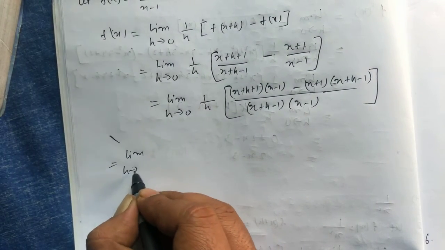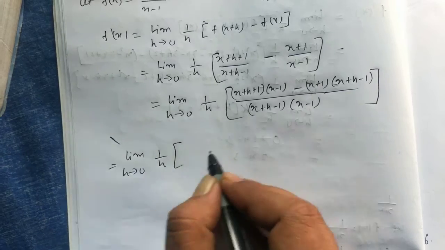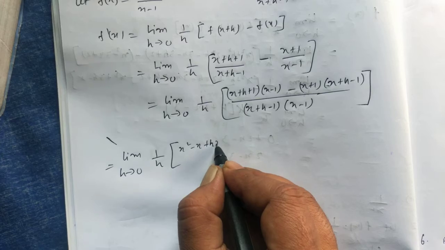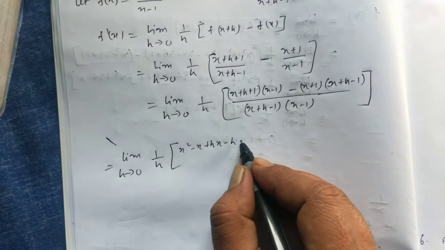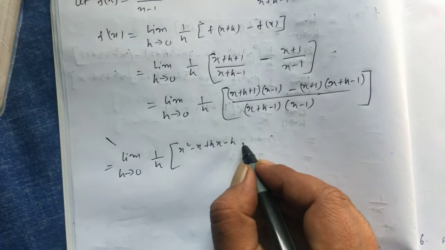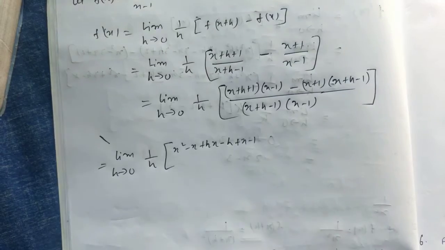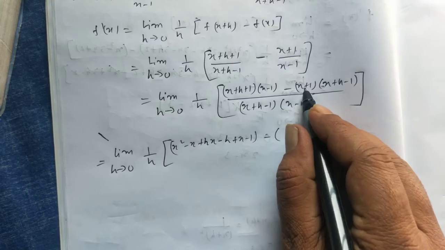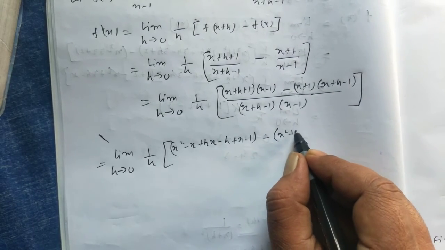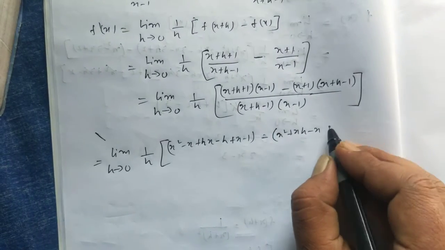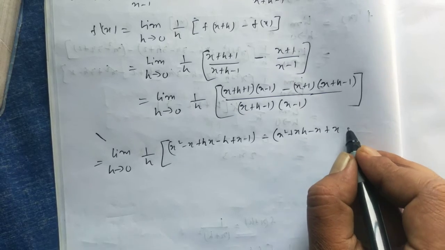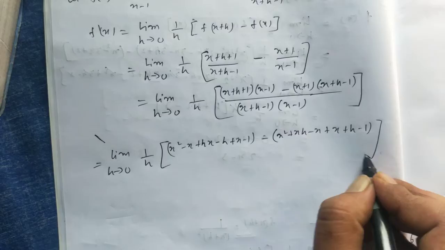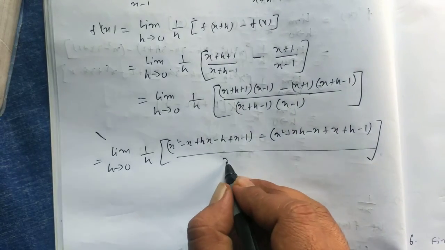Limit h tends to 0, 1/h, multiply: x² - x + hx - h + x - 1, then (x + 1)(x + h - 1). Multiply this also: x² + xh - x + x + h - 1. Now keep it as it is.